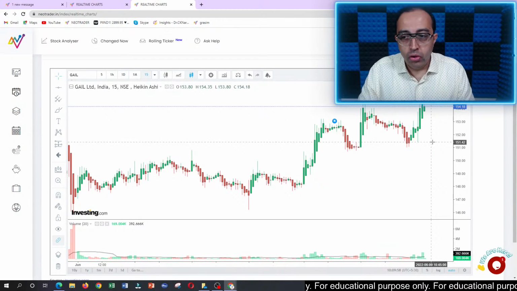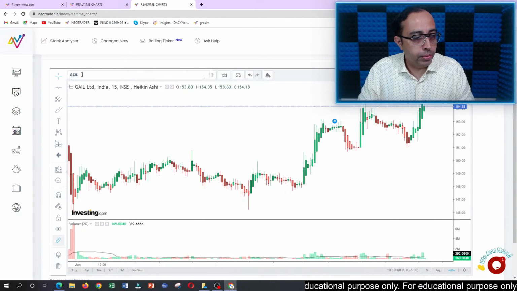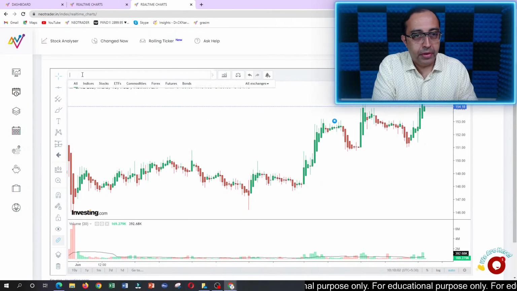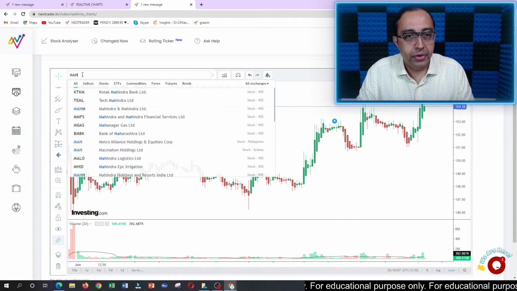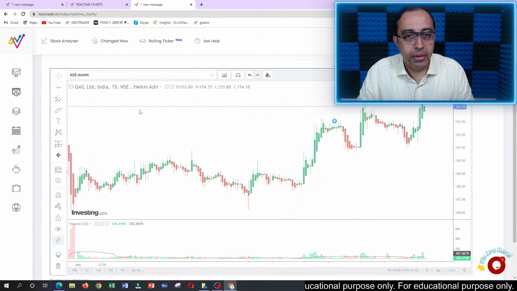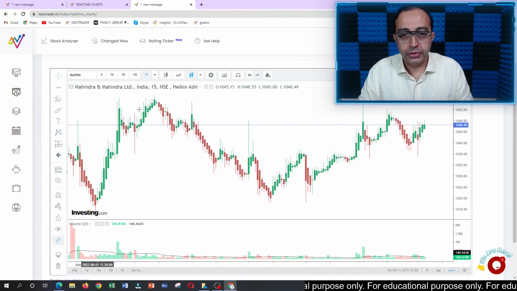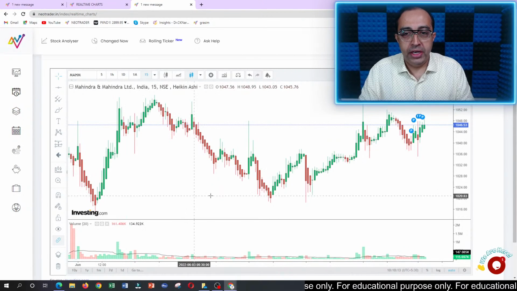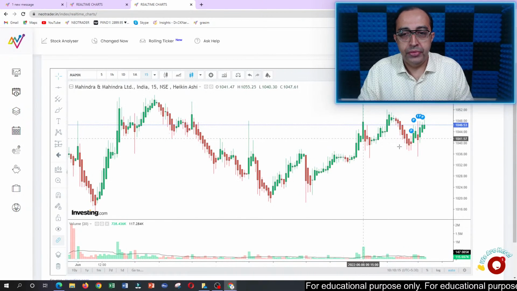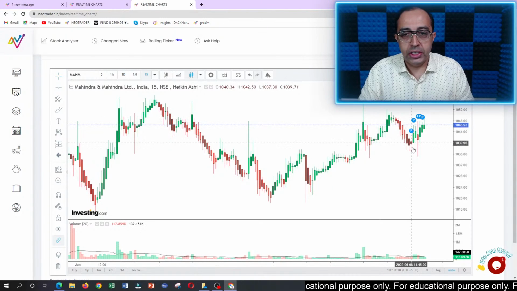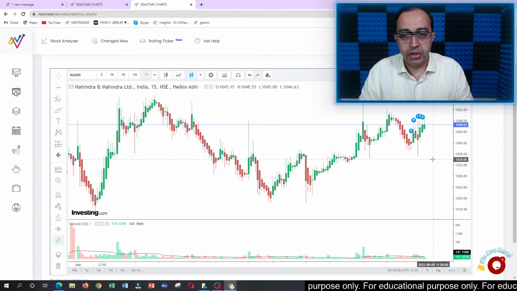Correct? So now let's go to M&M here. Mahindra and Mahindra. If you take a look at Mahindra and Mahindra, you can see here that yesterday there was a correction. Again, there is an attempt to go up.